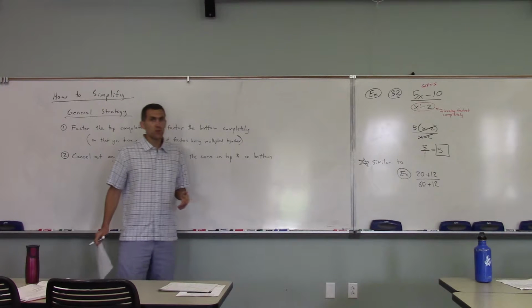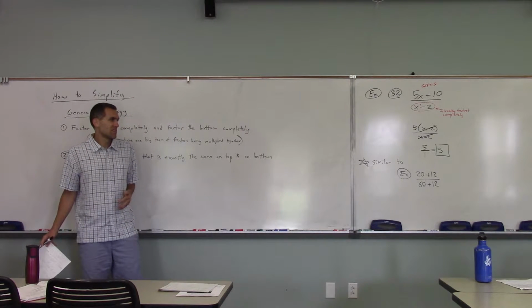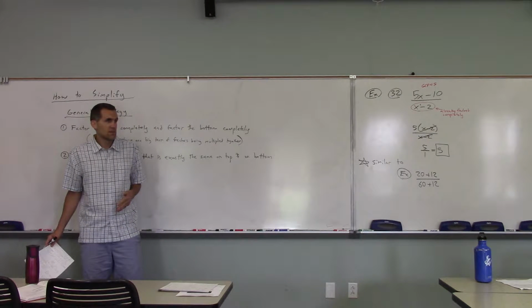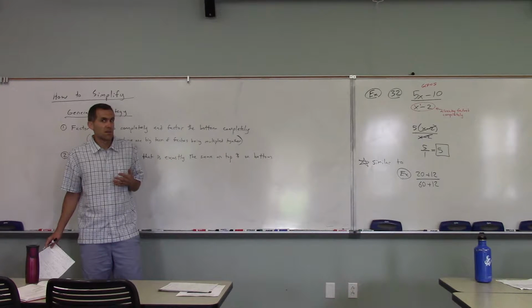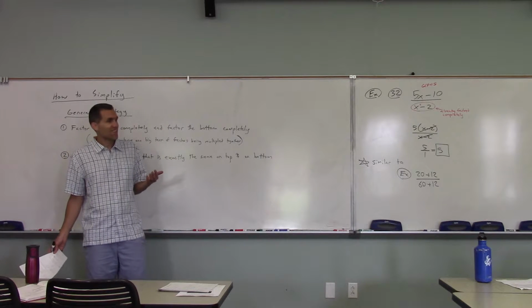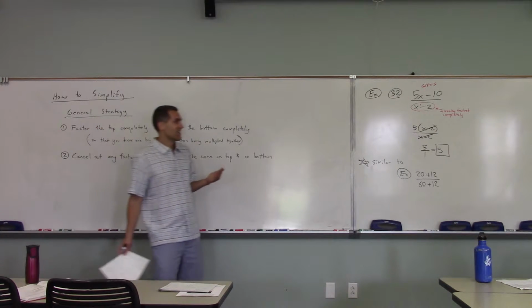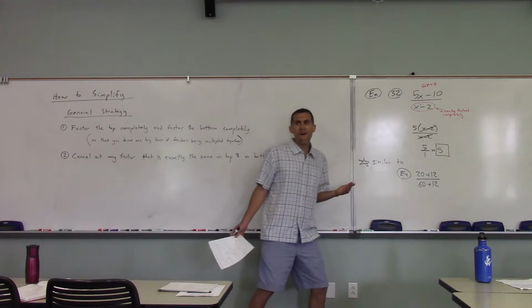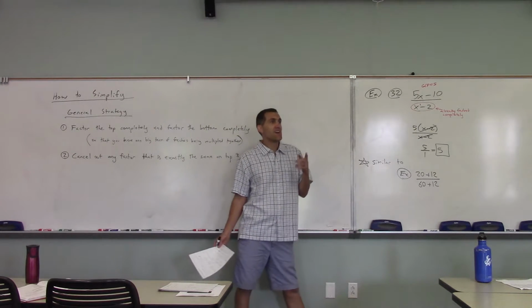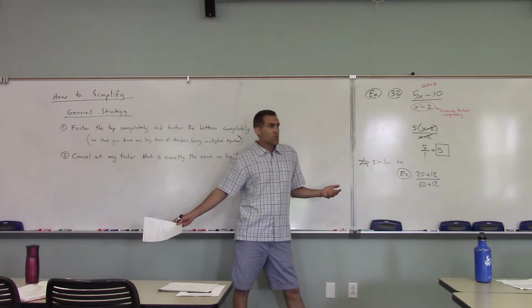Could I cancel the 20 and the 60? You can simplify. How? What? No! Reduce it. Right? It's 1/3, right? Combine like terms and then. Yeah, you have to add them.